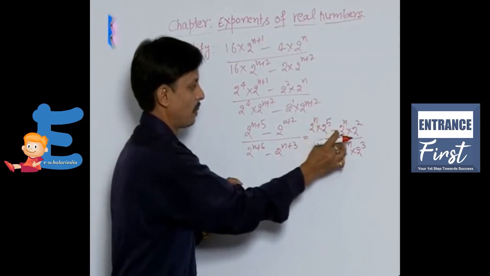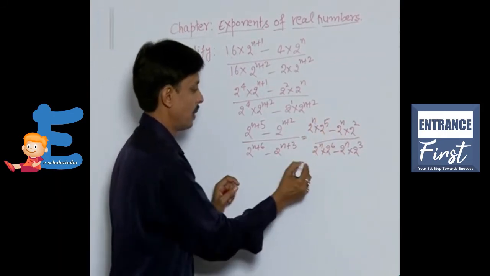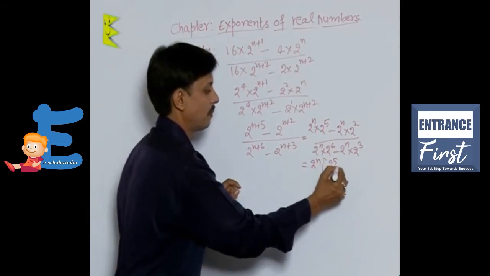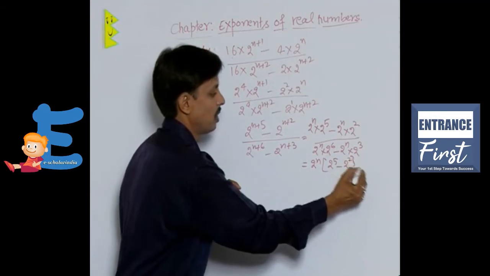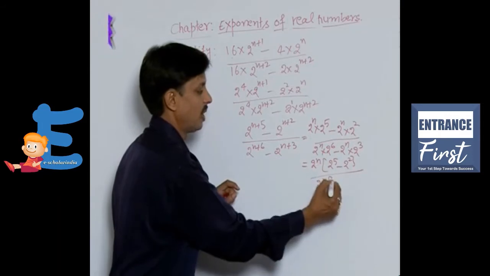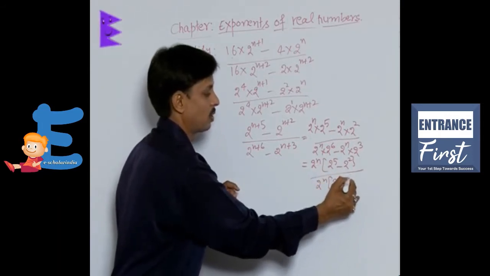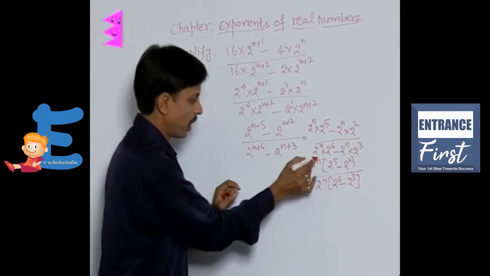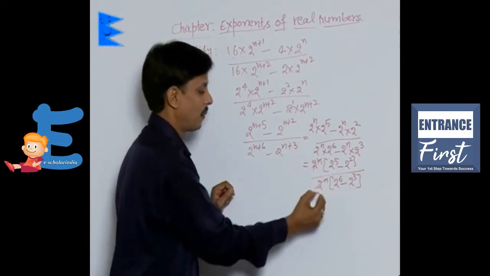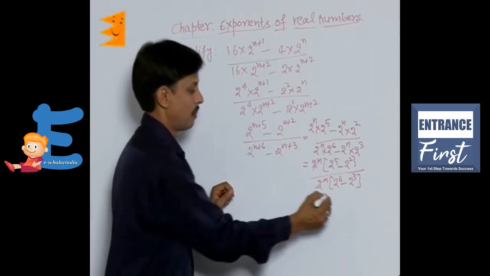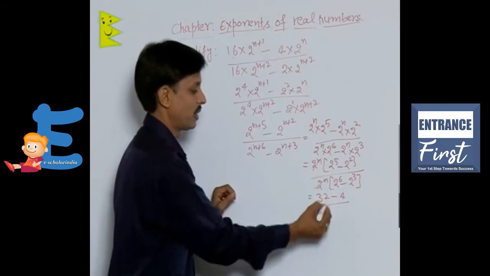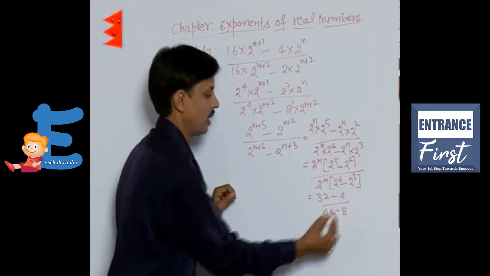I can say 2^n is common. So this becomes 2^n, left is 2^5 minus 2^2, divided by, I am taking the variable power common, that is 2^n, I am left with 2^6 minus 2^3. 2^n and 2^n get cancelled. 2^5 is what? 32, minus 2^2 is what? 4, upon 2^6, 64, minus 8.